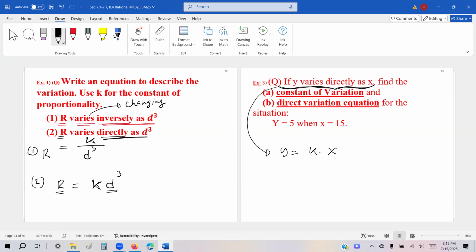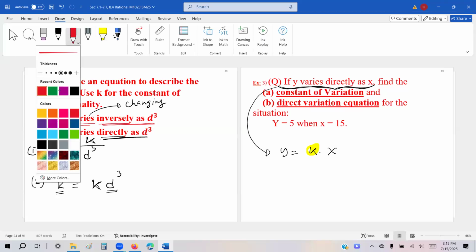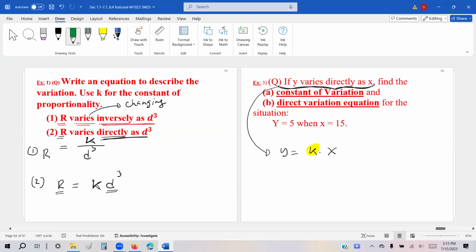And then we read A. It says find the constant of variation. That means solve for K. How can you solve for K? It means get the K alone. What do you have to do? Substitute the values, so y equals 5, x equals 15.